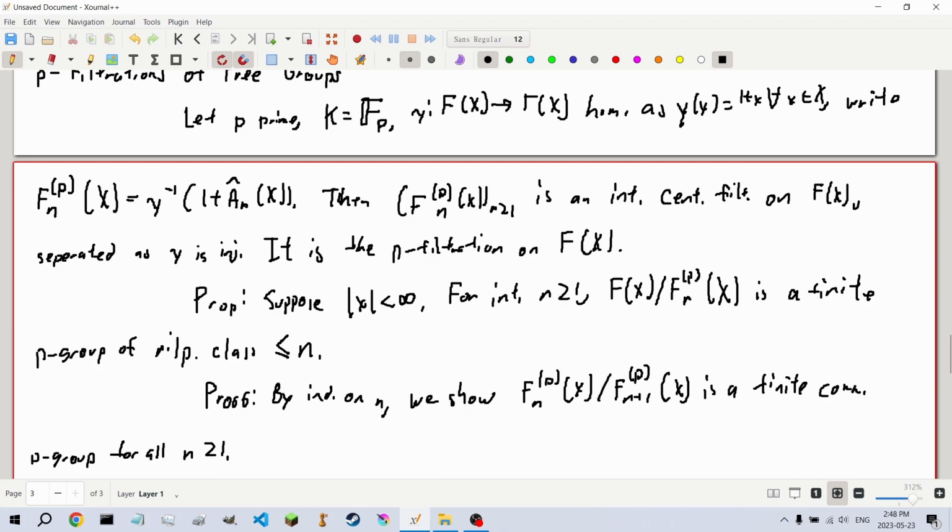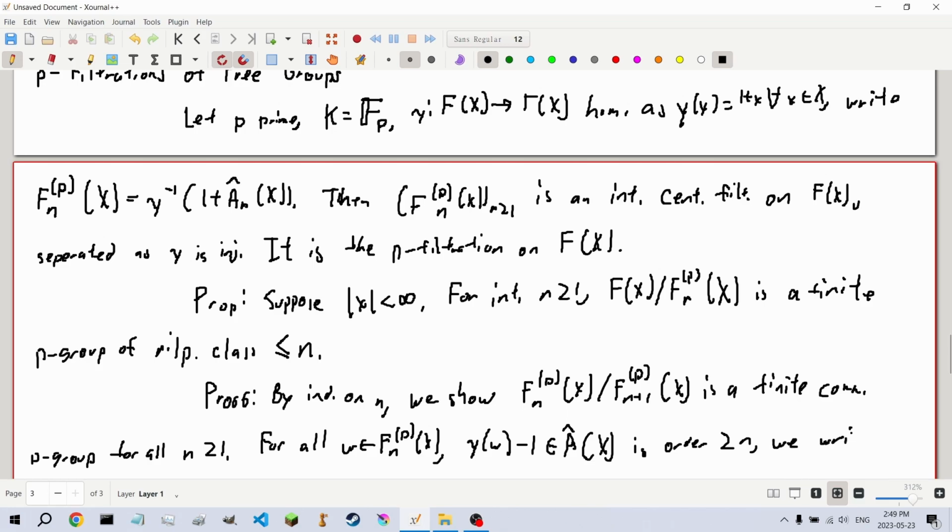Then for all omega in F_n^p of X, gamma of w minus 1 inside of the Magnus algebra on X is of order at least n.